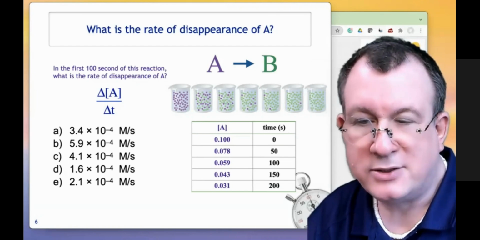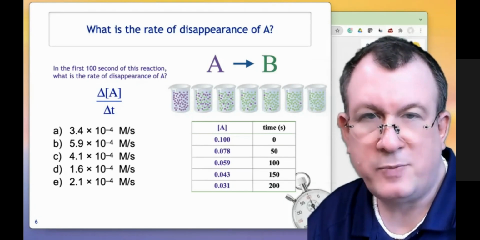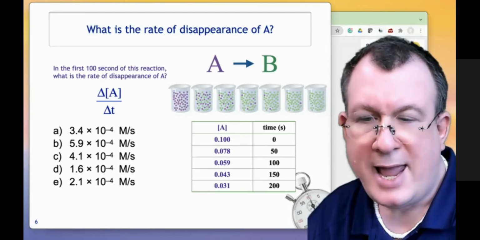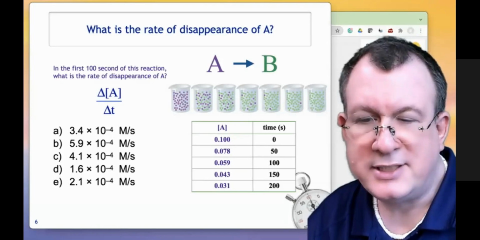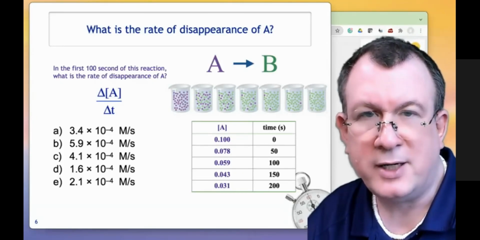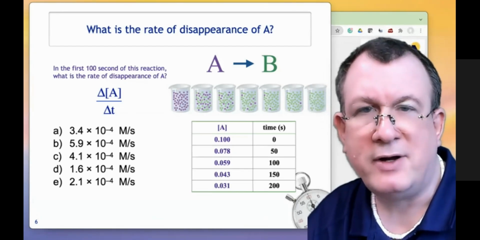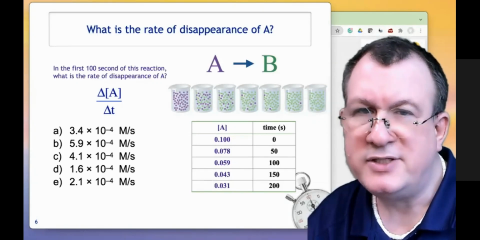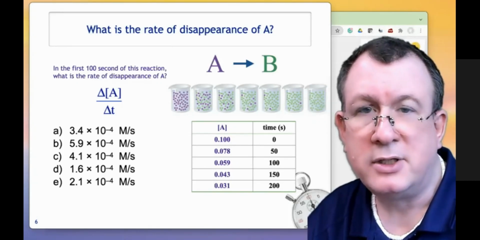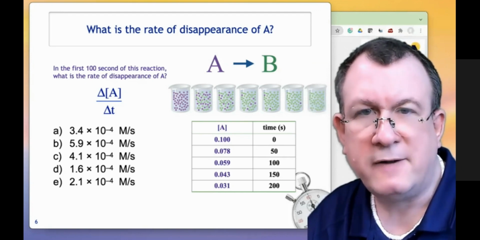So yeah, what they're telling me is the initial concentration at time 0 is 0.100, and at 50 seconds it's 0.78, and at 100 seconds it's 0.059, and at 150 it's 0.043. Over the first 100 seconds, what's the delta of the concentration of A? And as a hint, delta is always final minus initial. So look at the last one, subtract the first one from it. What's the delta of A?